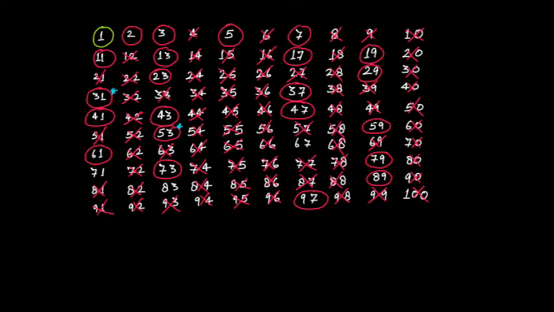Next number is 61. 61 is here. What's the previous odd prime number to 61? It's 59.